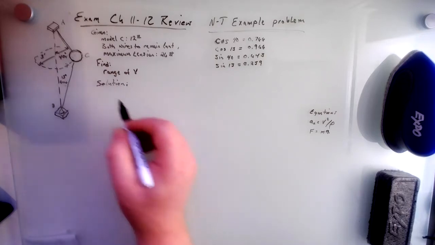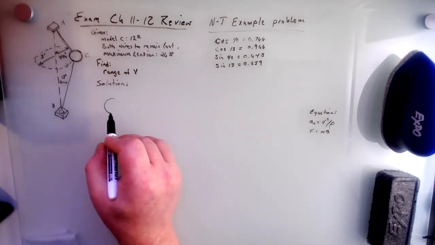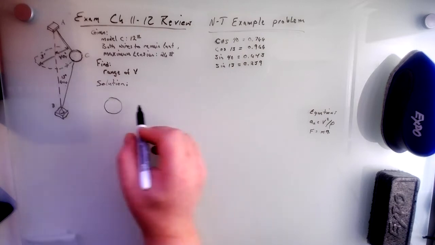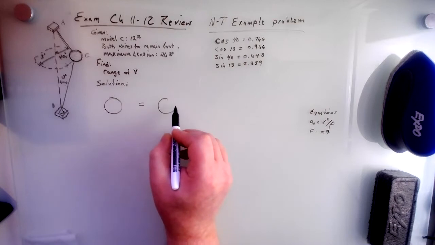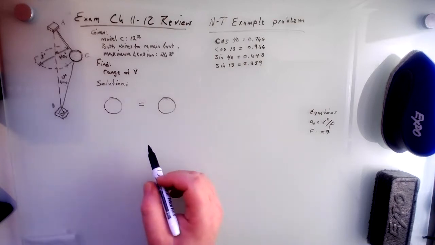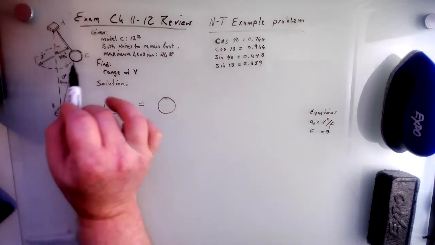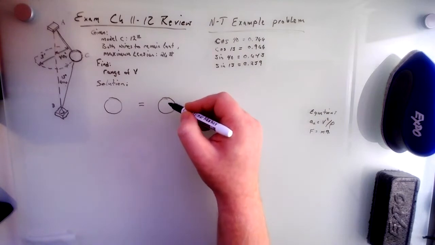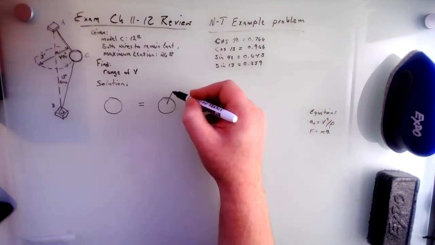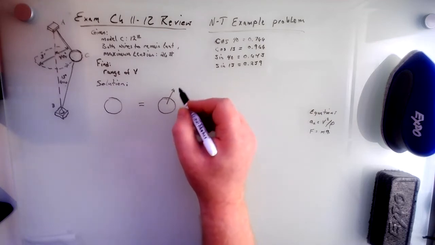So as always, we start with a free body diagram, and we're into motion now. So free body diagram equals kinetic diagram. And here, note that the motion is along the horizontal. So I'm going to do my best to draw this.